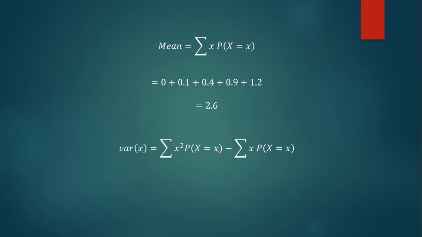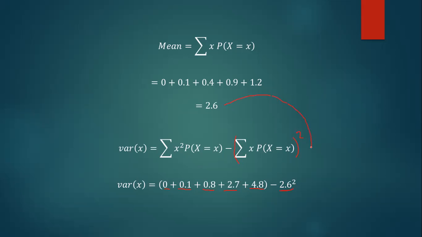Then now with the variance of x, we are saying we are going to sum up this minus this squared. So the summation of x squared times probability is 0.1, 0 plus 0.1 plus 0.8 plus 2.7 plus 4.8. Then we subtract 2.6, which is the mean.